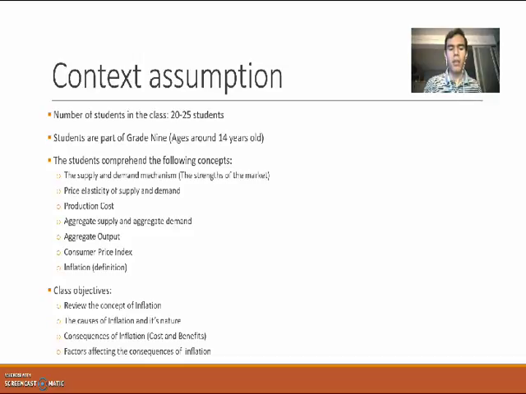Then we will take a look at the consequences of inflation, if they're positive or negative, what the consequences are for the economy. And finally, we will see the factors affecting the consequences of inflation, and why these factors affect inflation in this way. Given this, we will start the class now.